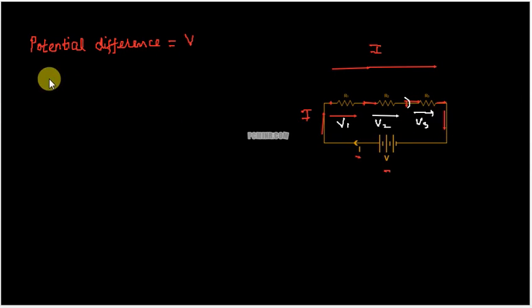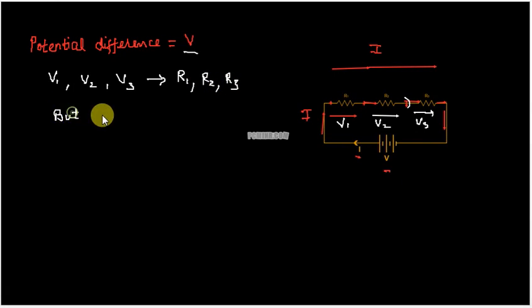So when we are talking of resistors in series, the applied potential difference is V, but V1, V2 and V3 are the potential differences across the resistors R1, R2 and R3. It's important you remember that I is the same, as there is just one path to follow throughout. So I is the same across all the resistors.